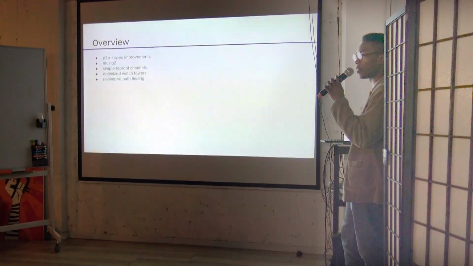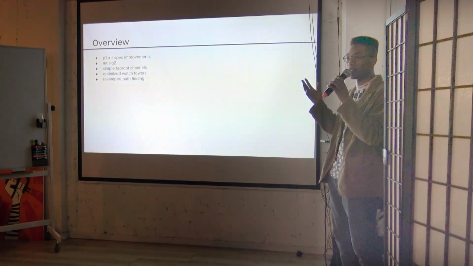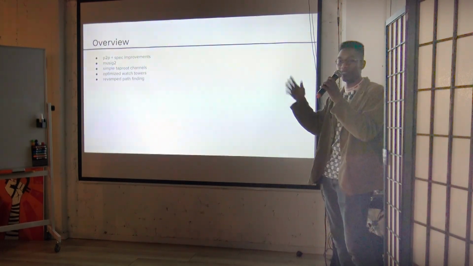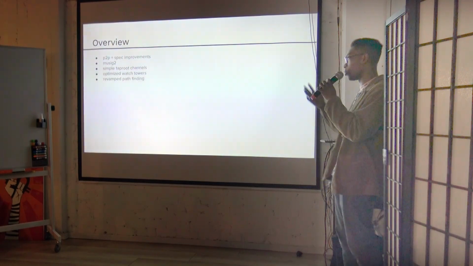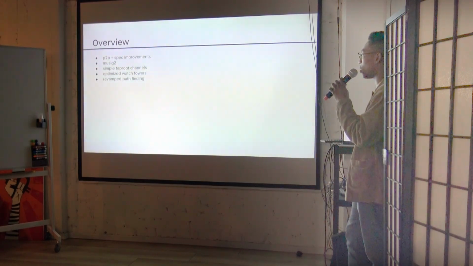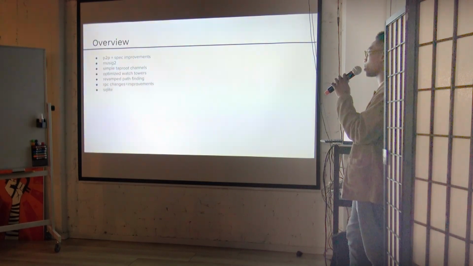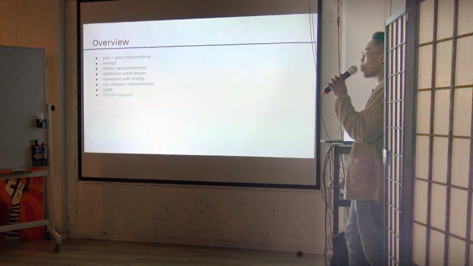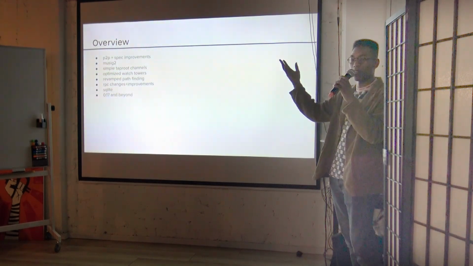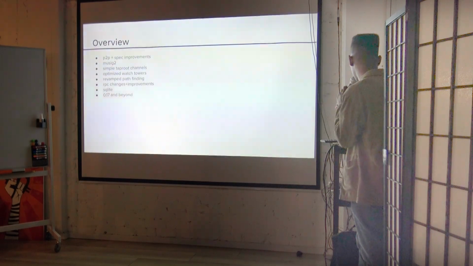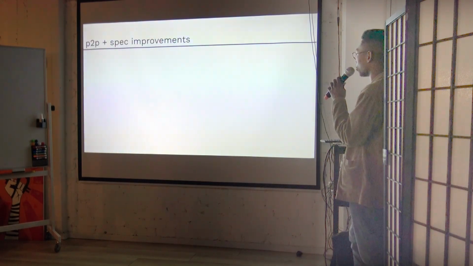Pathfinding, which is a very important thing about Lightning in general. If you can't reach the other side, then it doesn't work, and that's obviously bad. But we've been working on improving pathfinding with some new algorithms inspired by other research in the space over the past few years. Some key changes: SQLite, basically this new database format, and I'll talk about some things we're doing beyond 0.17 as far as how we're looking to improve going forward.